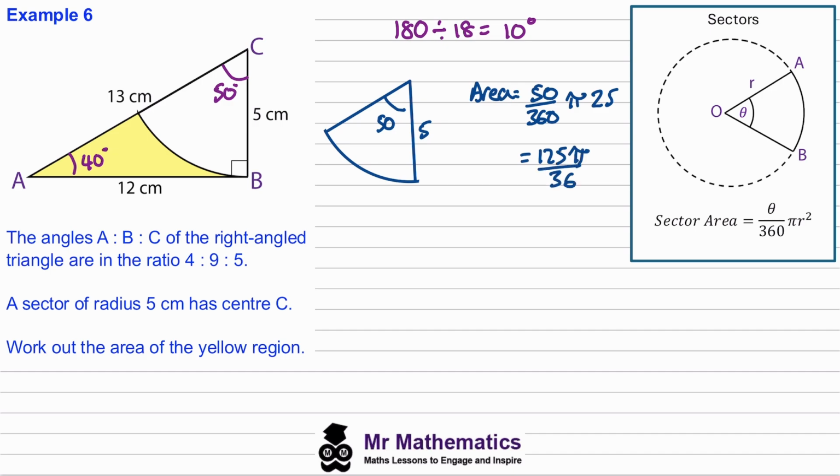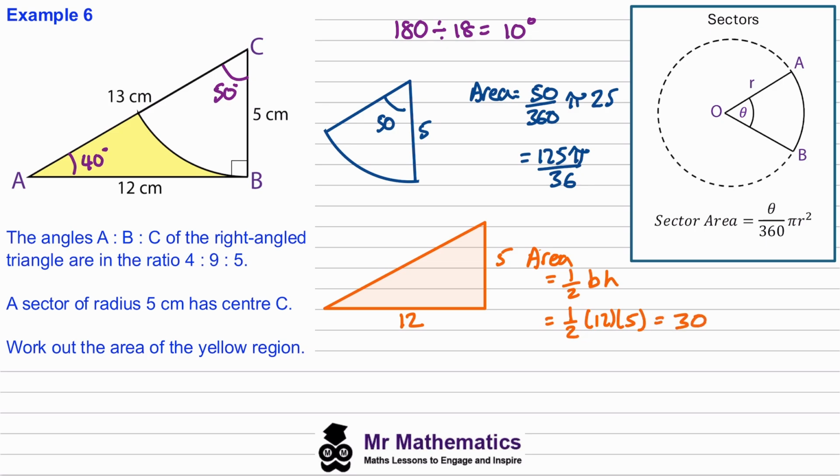And then we need to work out the area of a triangle. We know the base is 12, perpendicular height is 5, and the area of a triangle is 1/2 of a base times the height. So this will be 1/2 of the 12 times the 5, and 6 times 5 will give us 30.